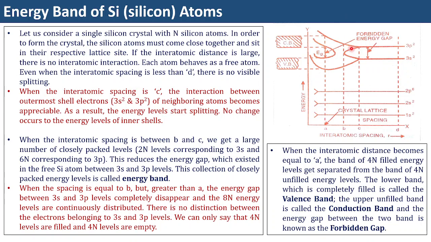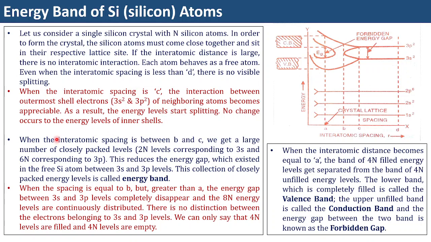These electrons residing in these energy levels interact with each other electrostatically, and that gives rise to different energy states of these levels. Whereas the lower orbit electrons do not interact. See, you have got discrete energy levels. As a result, the outer energy levels start splitting. You can see over here, no change occurs to the energy levels of the inner shells, as I have already explained.